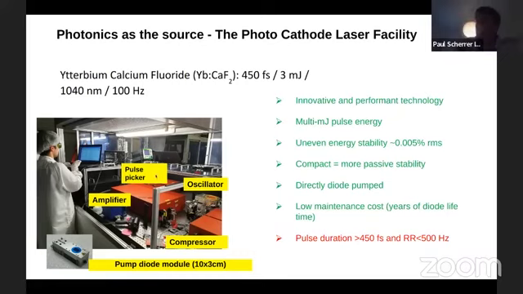The system here is a ytterbium-based system of 450 femtoseconds, running at 100 hertz, which is the repetition rate of the system. This is then doubled and tripled to produce a pulse that impinges on the copper cathode and produces the initial bunch of electrons, which are then accelerated down the accelerator.